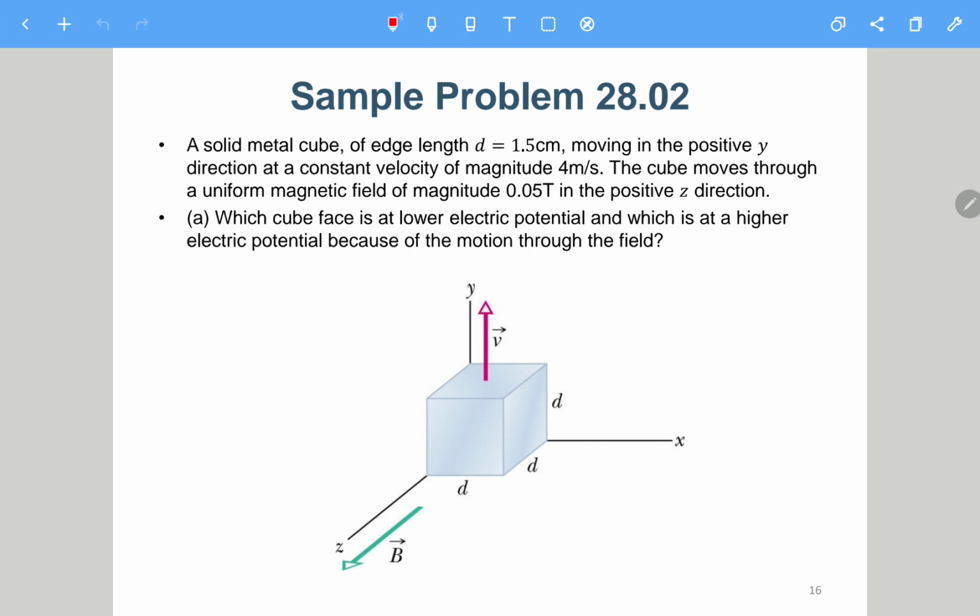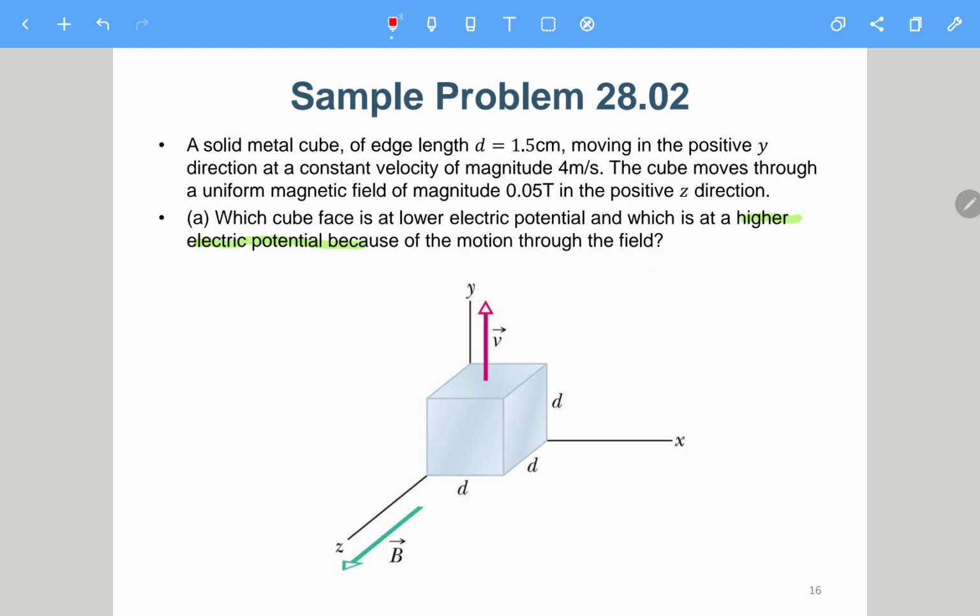If we try to move this whole cube in the magnetic field, and the velocity and the magnetic field do not point in the same direction, of course, in this case, the velocity and the B field are perpendicular to each other, there will also be Hall effect. Okay, so the first question asks you which face will have the higher electric potential because of the Hall effect, or because of the motion through the field.